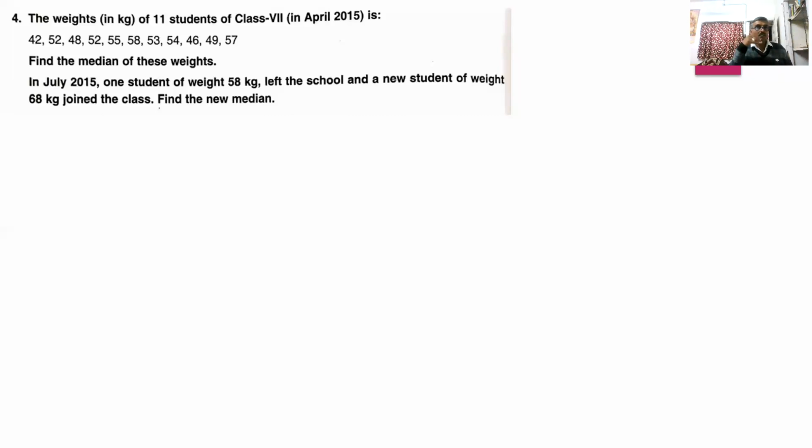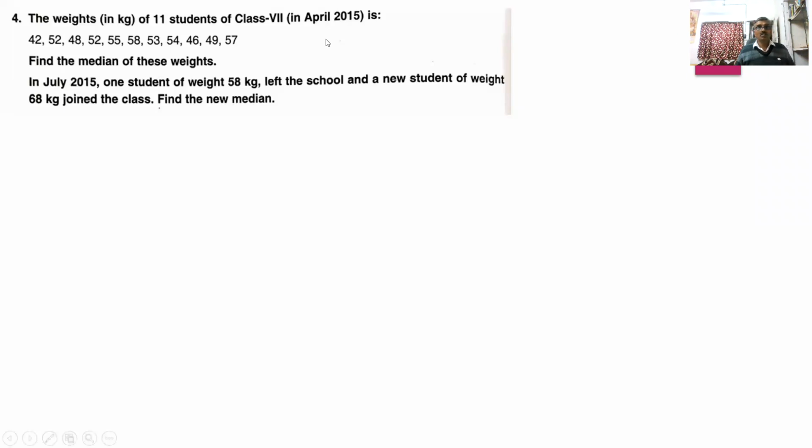They are 11 in number. Find the median of these weights. In July 2015, one student of 58 kg left the school and a new student of weight 68 kg joined the class.